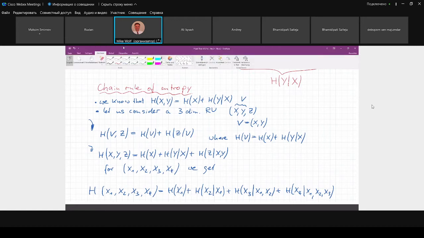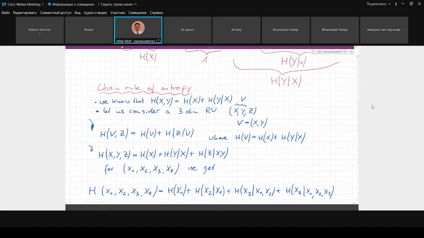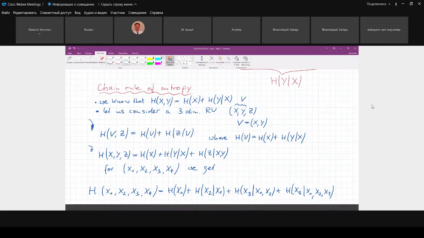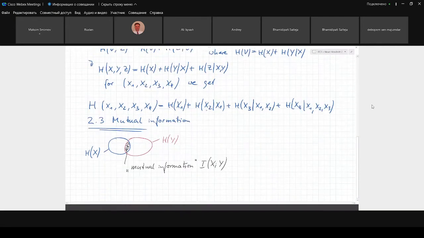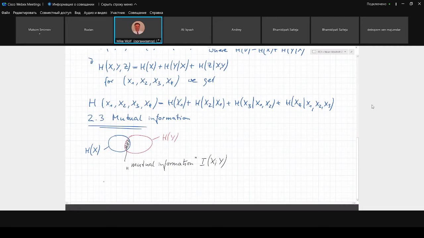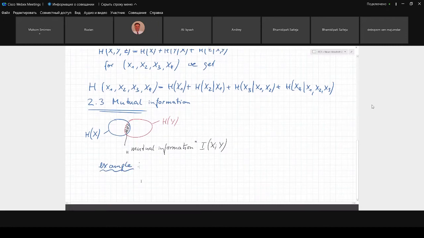Example. Let's say we have two random variables. x can take the value 1 and 0, okay?